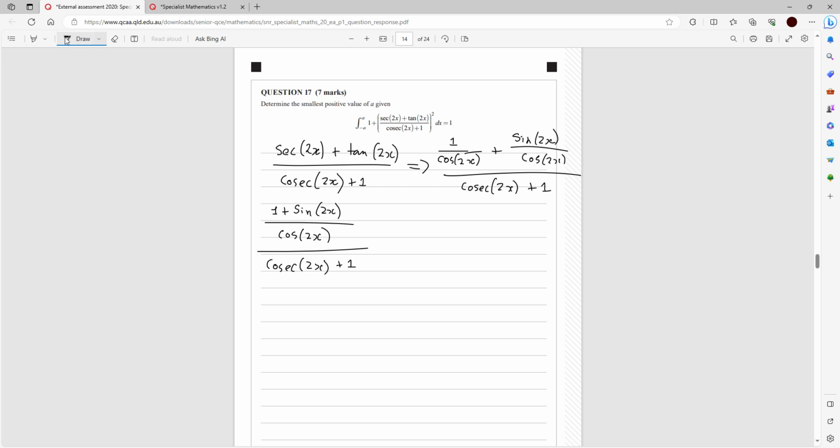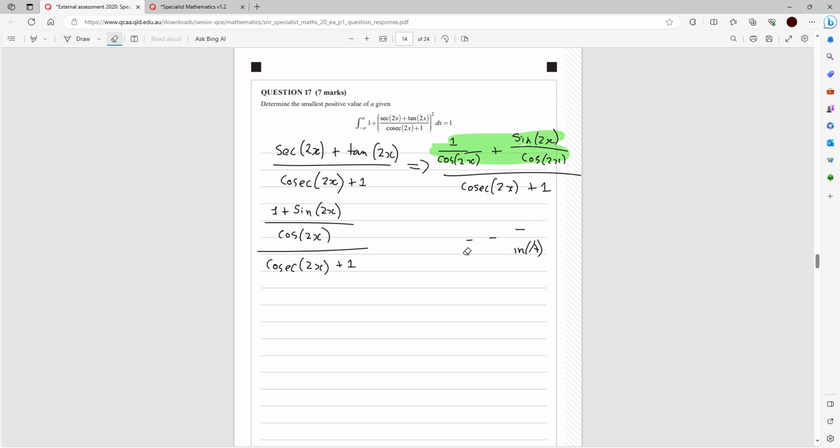Hopefully you can see all I did was combine these two because they have common denominators of cos of 2x. Now what we can do is take a look at cosec. Recall cosec of an angle is 1 on sine of that angle. So let's replace that bottom bit with a sine.